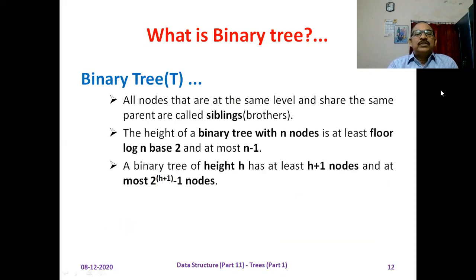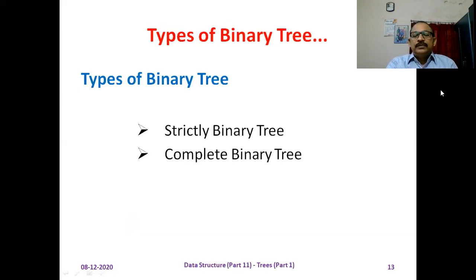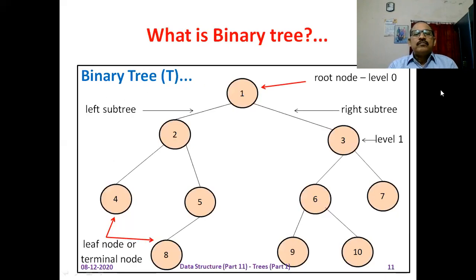Next, all nodes that are at the same level and share the same parent are called siblings, meaning brothers. For example, you can see here nodes 4 and 5 are siblings, or brothers. Why?